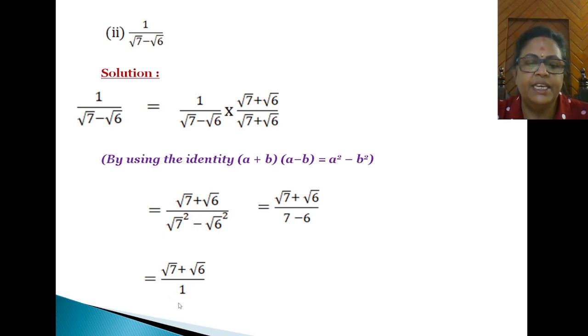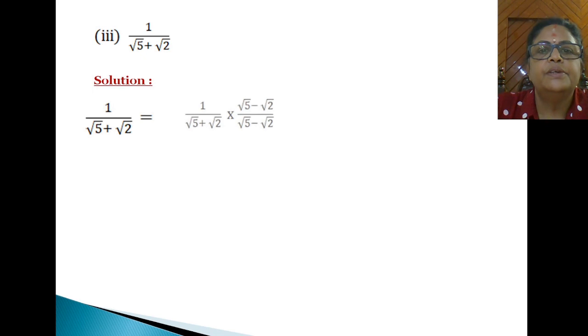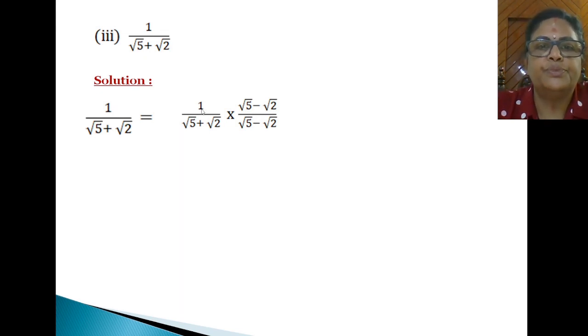We rationalize the denominator. Next one, 1 divided by root 5 plus root 2. Here this is a binomial. So we will multiply the numerator and denominator by root 5 minus root 2. So 1 by root 5 plus root 2 is equal to 1 by root 5 plus root 2 into root 5 minus root 2 divided by root 5 minus root 2.